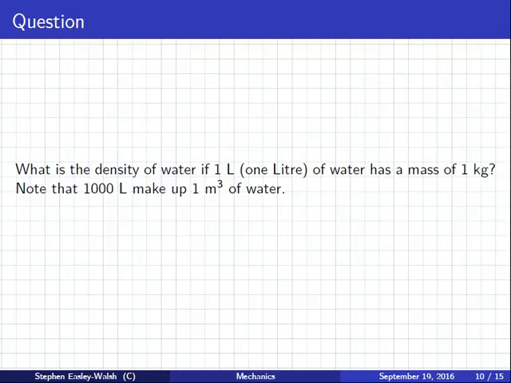So if you can write this one down, and then I'll write the answer on the board. So the question is just, what is the density of water if 1 litre has a mass of 1 kilogram?